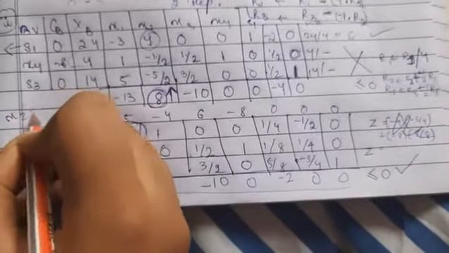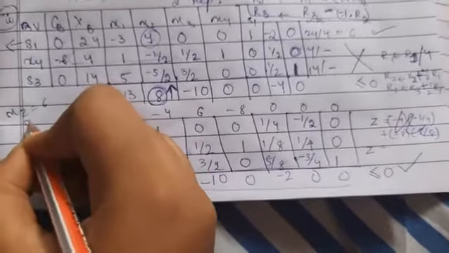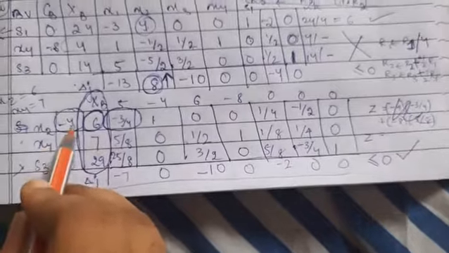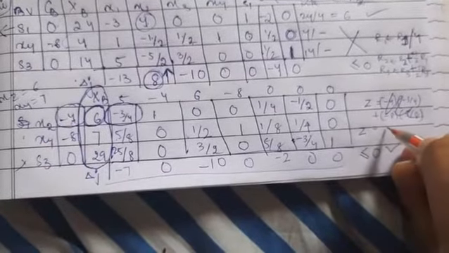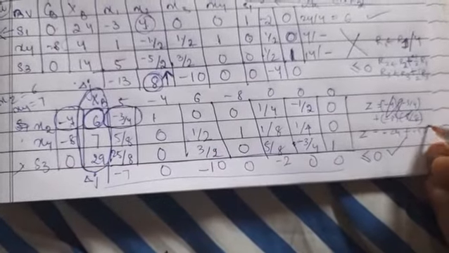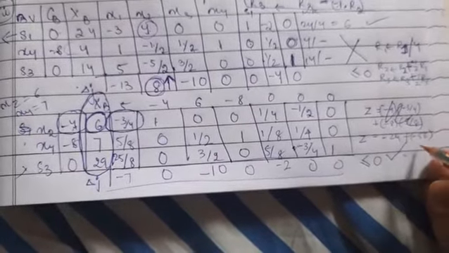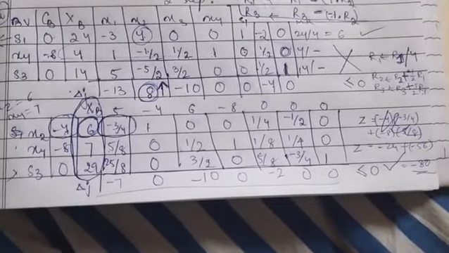Therefore it means x2 equals 6 and x4 equals 7. Slack variables are considered by us, so if we don't take them, then no problem, and therefore z equals minus 4 into 6 is minus 24 plus minus 8 into 7 is minus 56. Therefore the resultant is minus 80. This is the minimum value. So we have minimized it.